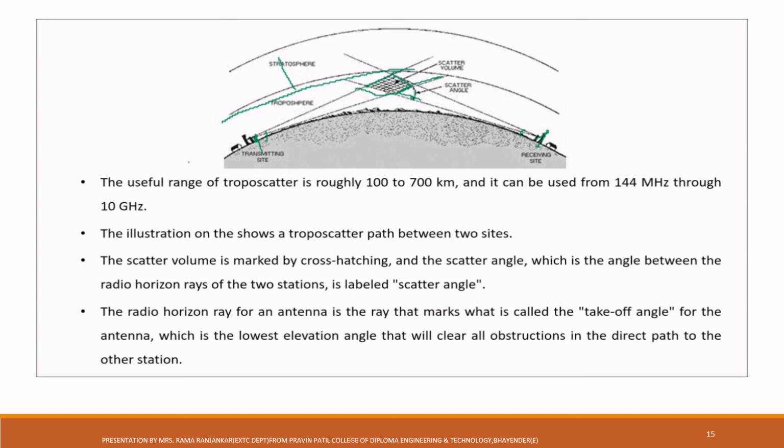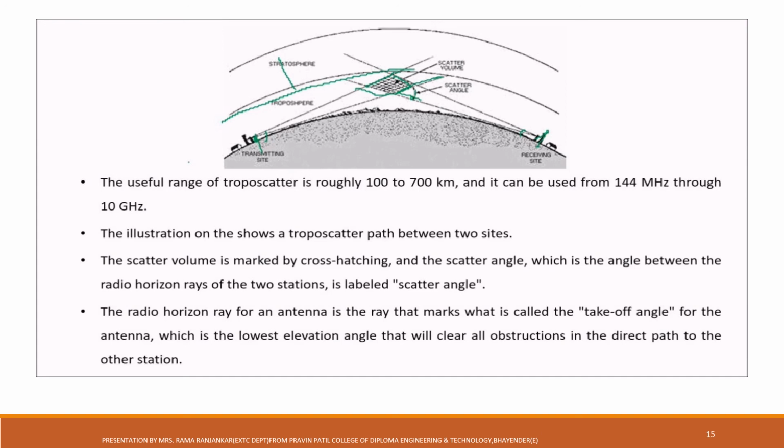The useful range of troposcatter is roughly 100 to 700 km, and it can be used from 144 MHz through 10 GHz. The illustration shows the troposcatter path between two sites.